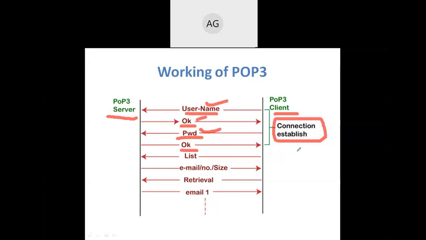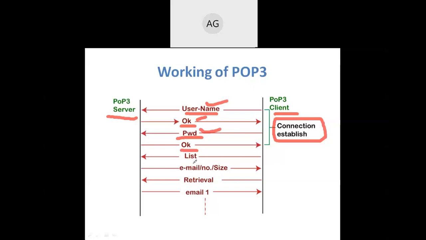So first, this type of mechanism has been developed, that the server will check the username and password before entering anyone's email inbox, and after that the client will check its inbox and do the receiving of the email.